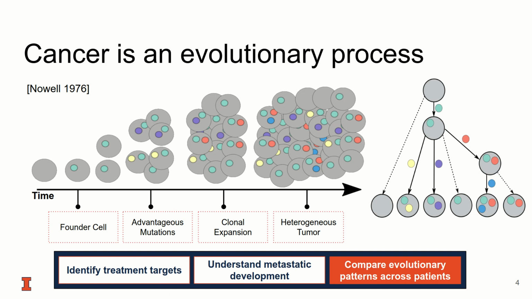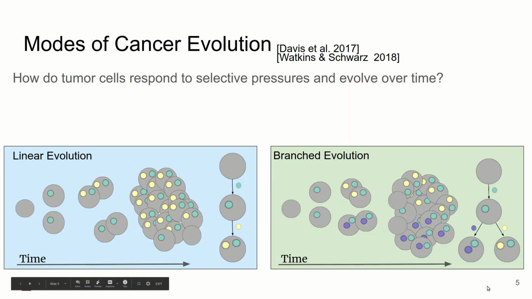So comparing evolutionary patterns also includes looking at modes of evolution. A mode of evolution is a generalized description of the process of how cells respond to selected pressures and evolve. And in a review paper by Davis, Gao, and Navin, they summarize the existence of 4 modes of evolution. And 2 of these major categories are linear and branched evolution.